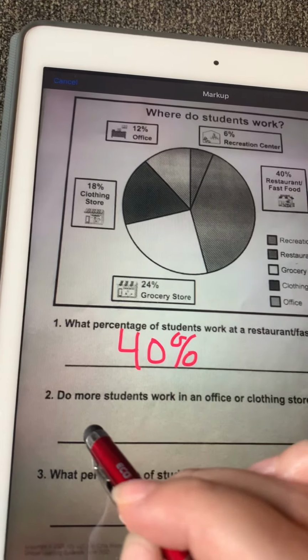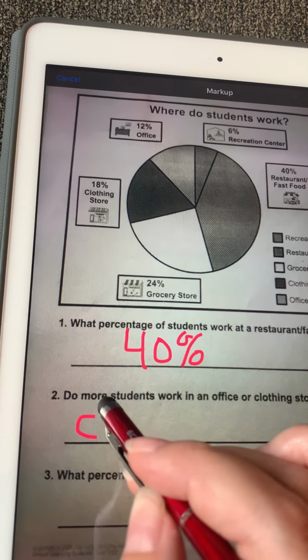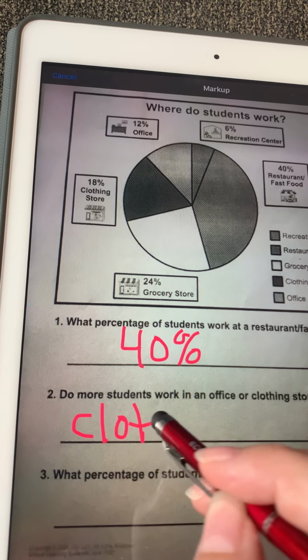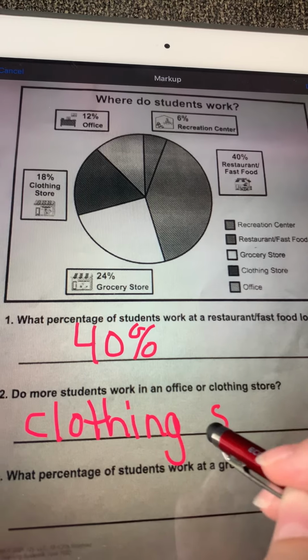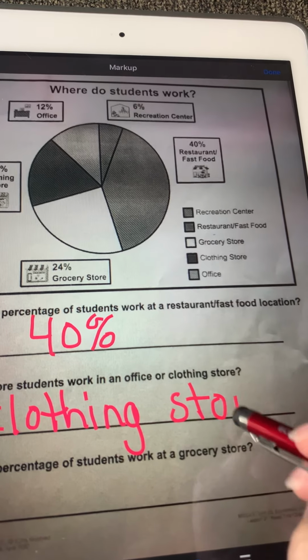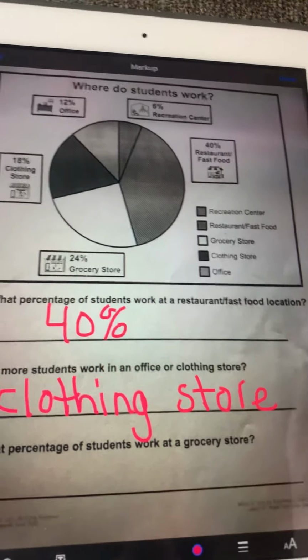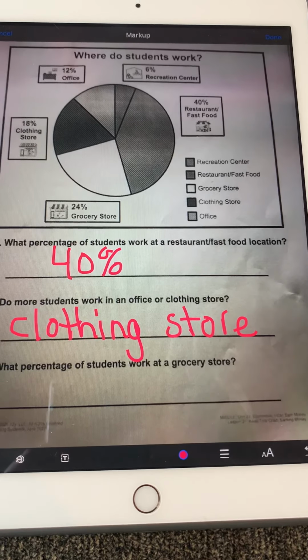So down here, we're going to write clothing store.